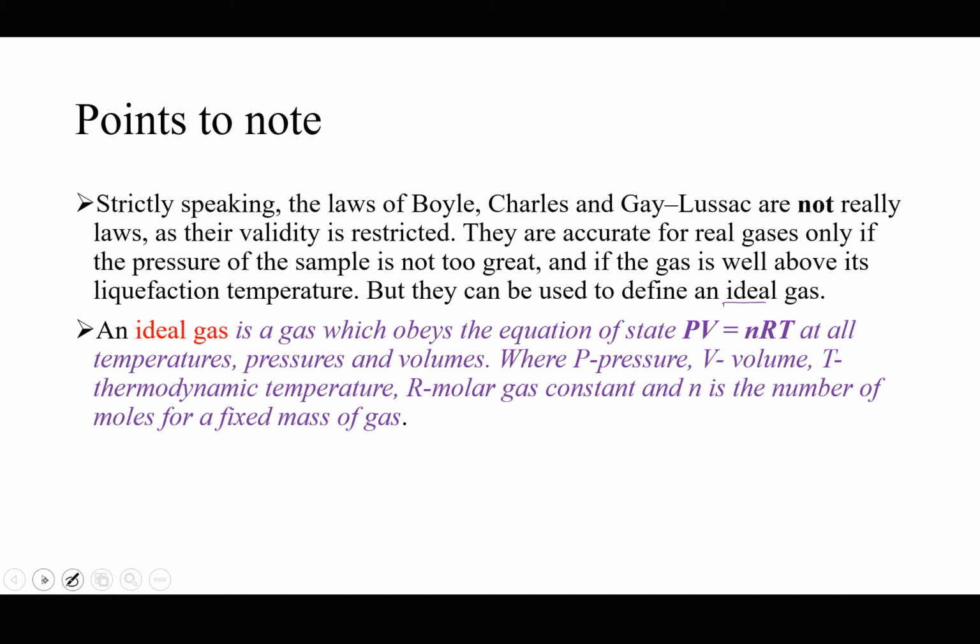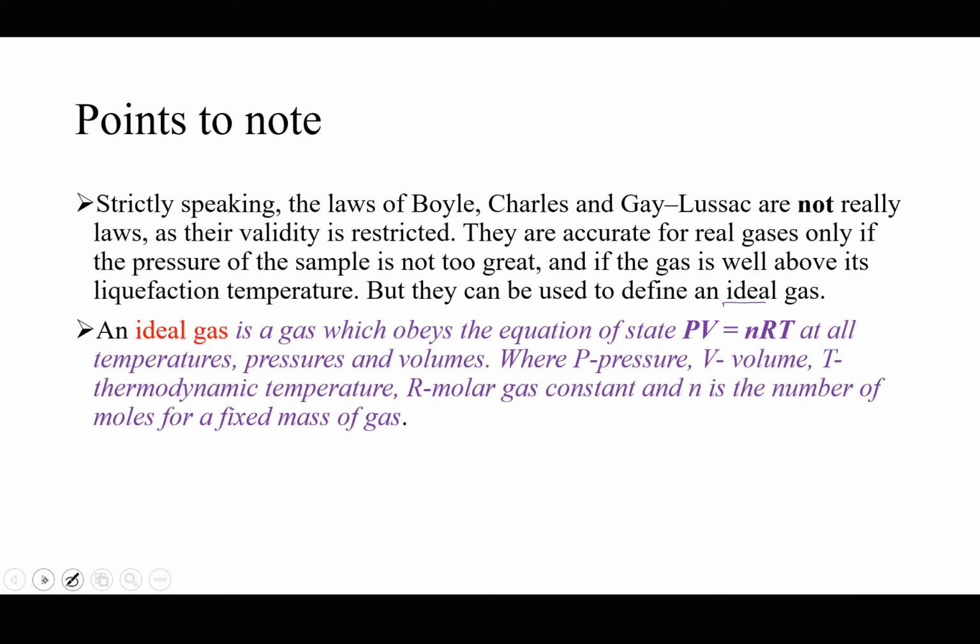But of course, it doesn't mean that we are going to discard these laws that we have discussed. We may not discuss the laws of Boyle, Charles, and Gay-Lussac, but every time we use them on gases, we shall be assuming that the gas is behaving as if it was ideal. That is, the gas is existing as a gas at a temperature at which it would liquefy, and yet the pressure is not too high.